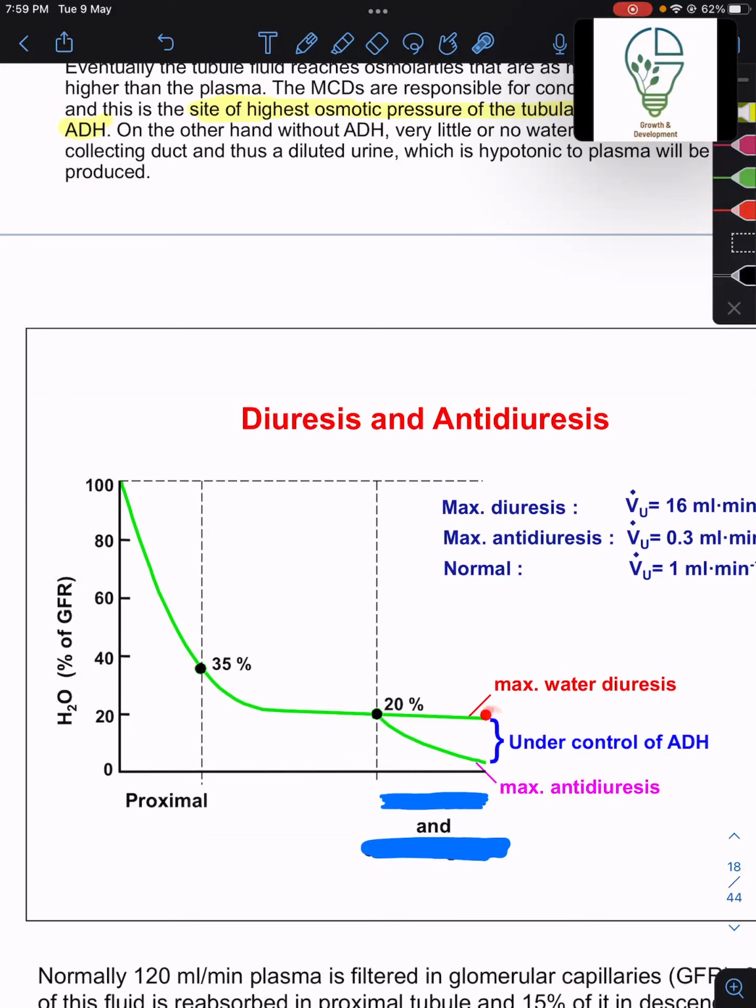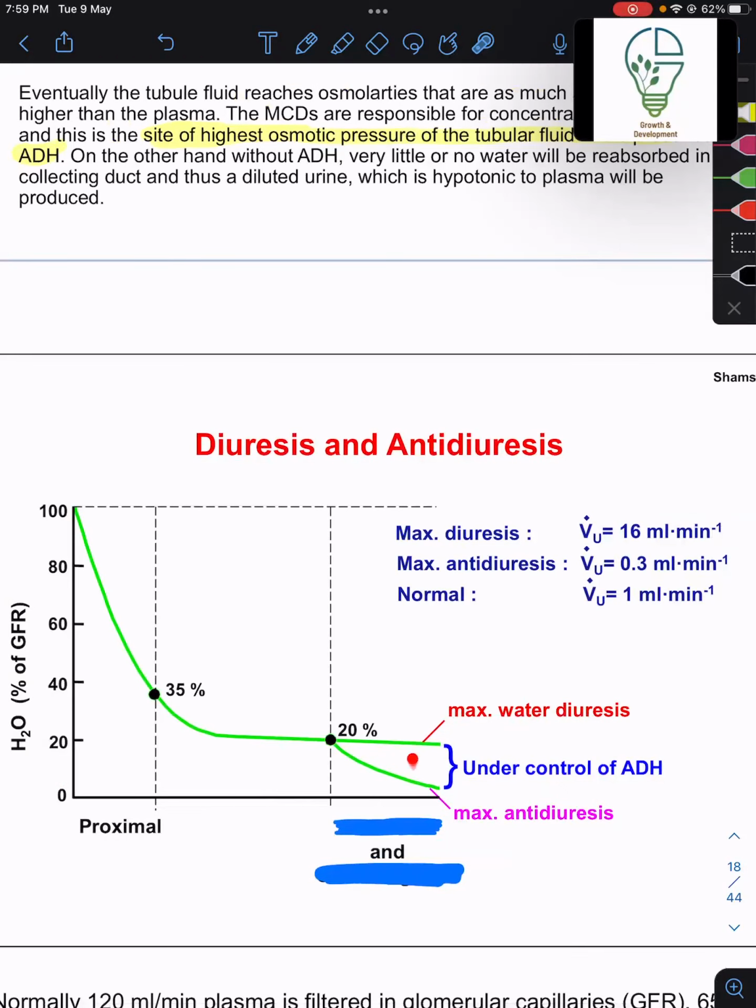And if the concentration of water is very low, that means that the tubular fluid is very concentrated, right? So what they're showing you over here is that only 20% of water, whether water is going inside of my body or outside of my body, only 20% of that is controlled by ADH.